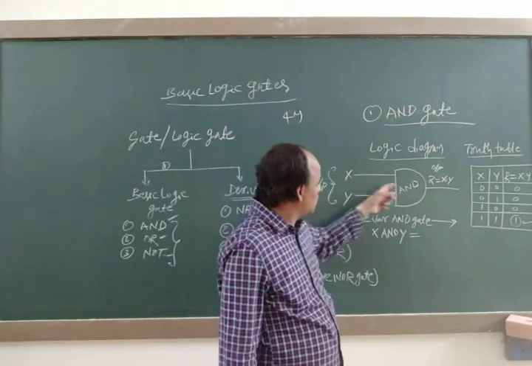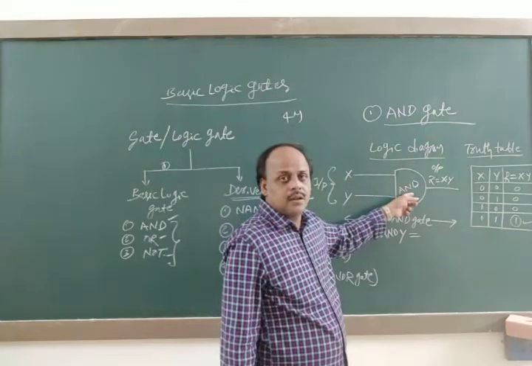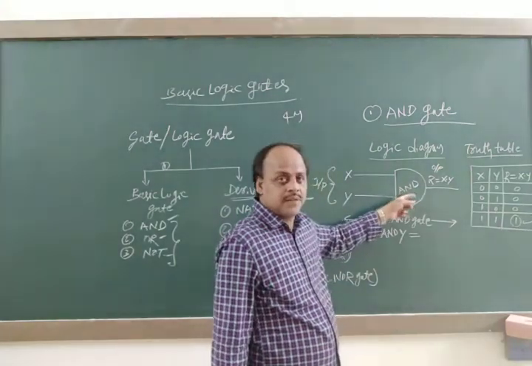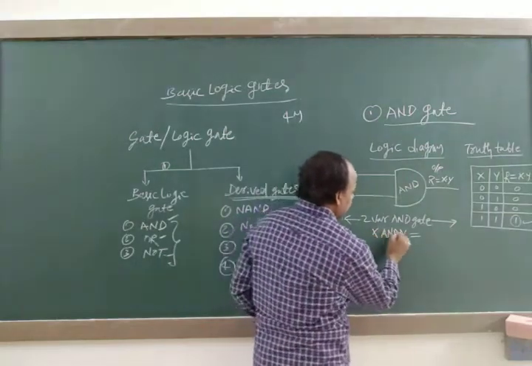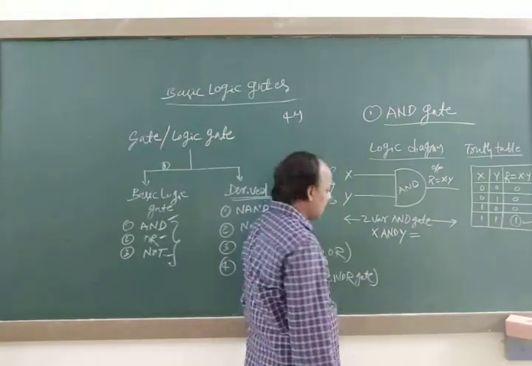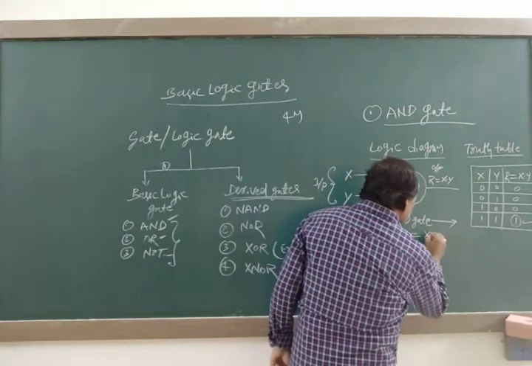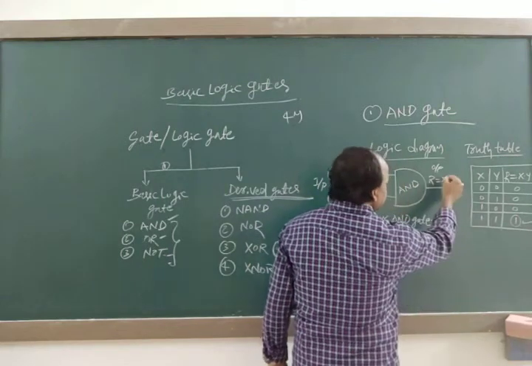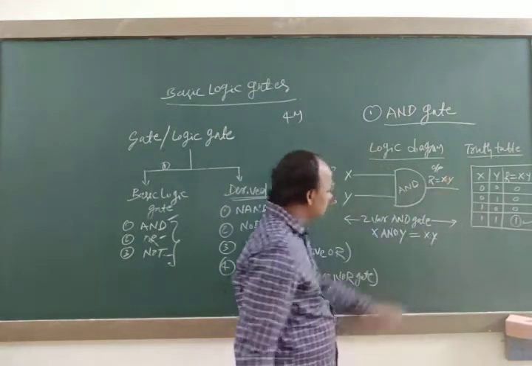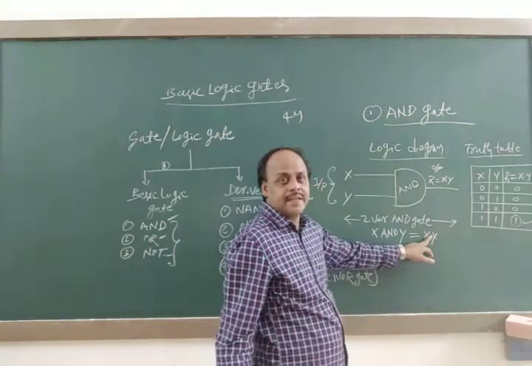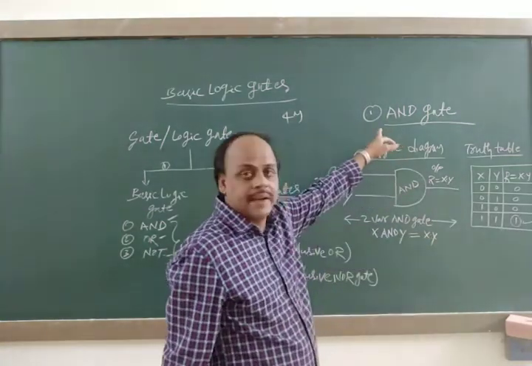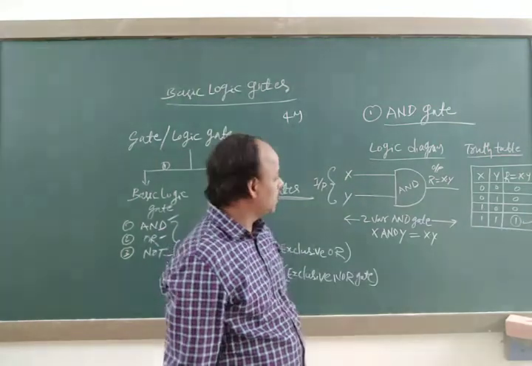These two inputs go through the AND gate, and the result can be written as x into y. So this logical multiplication indicates the AND gate operation, right?